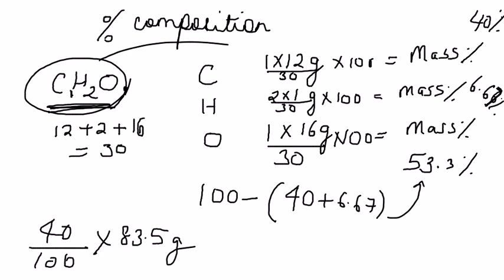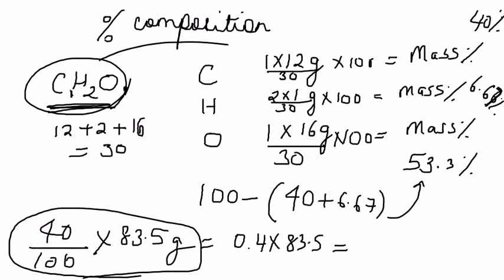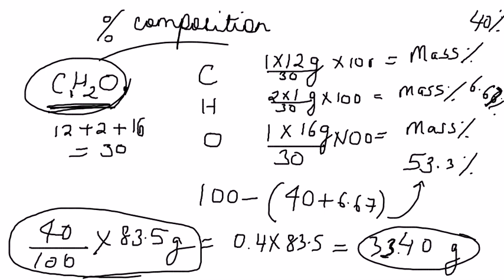So now if you have 83.5, how much would that be? That's just a proportion that you're trying to calculate. 0.4 times 83.5. Plug it in on your calculator, and 33.4 grams should be your final answer.